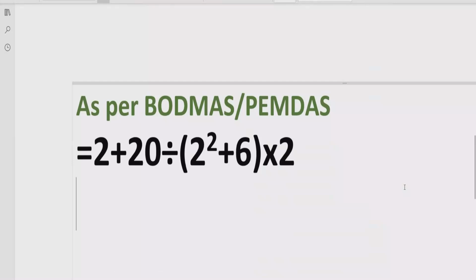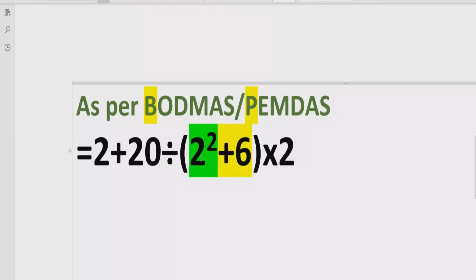According to the BODMAS and PEMDAS rule, first of all, we have to solve the parenthesis or you can say the bracket. So first of all, we have to solve this expression. Inside the bracket, we have two terms, two numbers. One is 2 raised to power 2 and the other one is 6 which is being added to 2 raised to power 2.